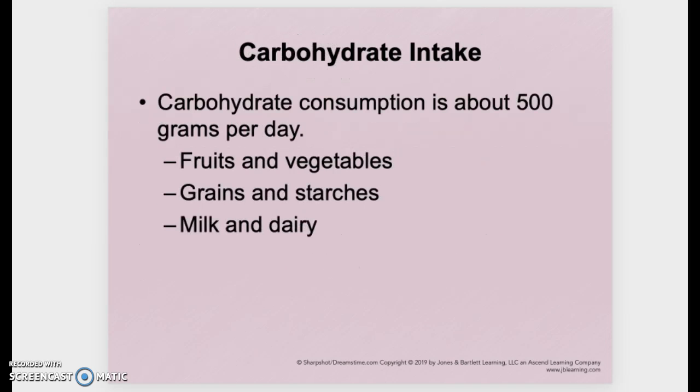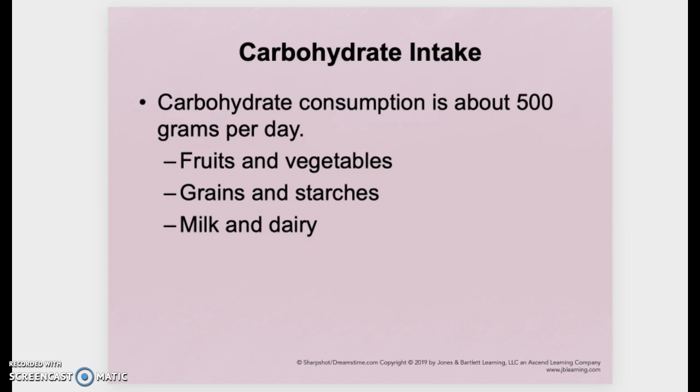Okay, so your book talks about how average carbohydrate consumption is about 500 grams per day. We get carbohydrates, of course, from fruits, vegetables, grains, starches, and also our dairy products. Milk and dairy are one of those carbohydrate sources that a lot of people tend to not think of.